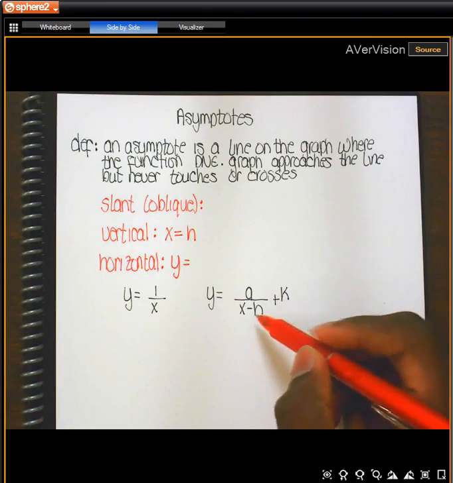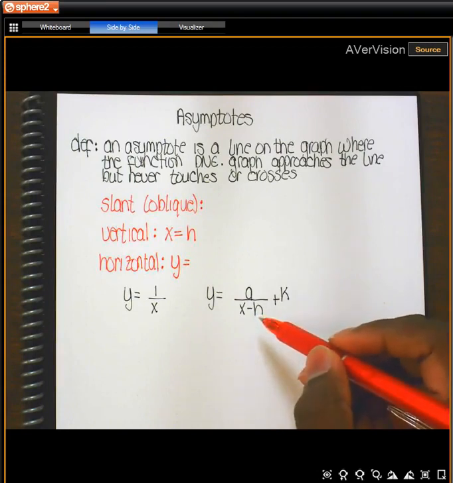Why do we need to set this denominator equal to 0? Any guesses?